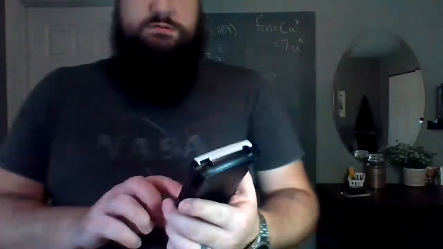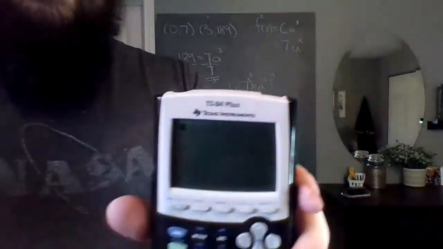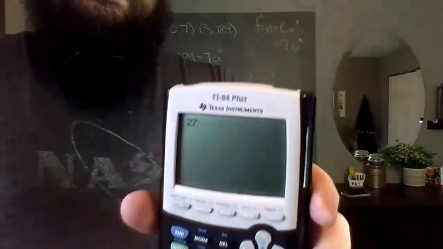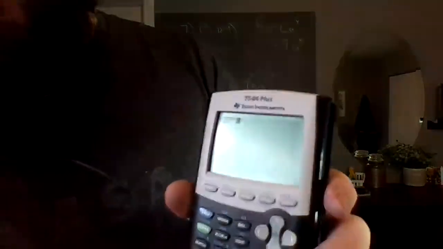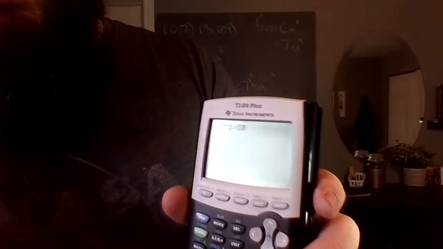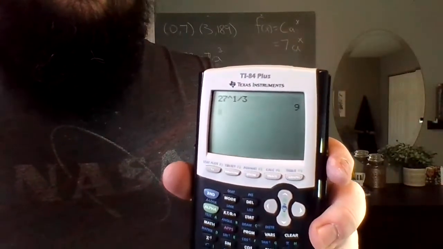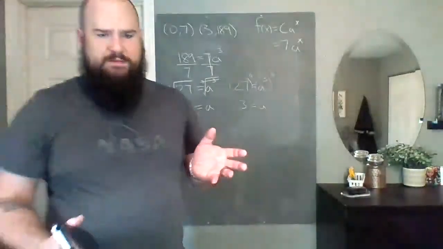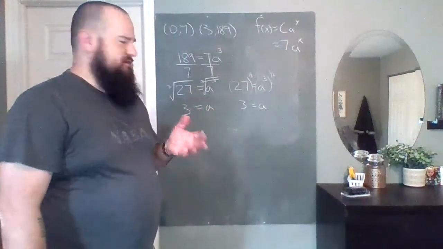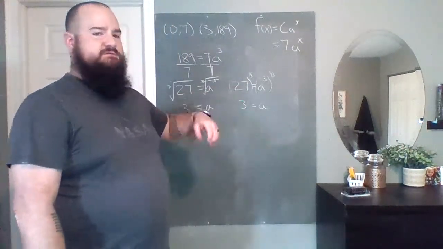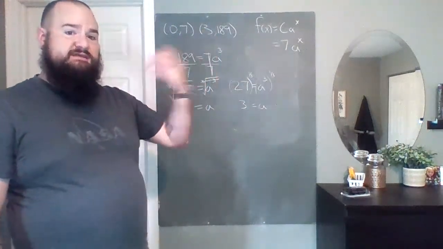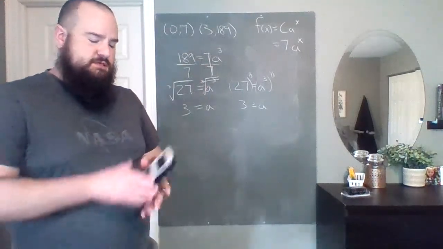You have to be really careful. When you do 27 to the 1/3, if I just type 27 to the 1/3, it gives me 9. What happened? Well, what happened there was it did 27 to the first and then divided by 3. That's not what we want.